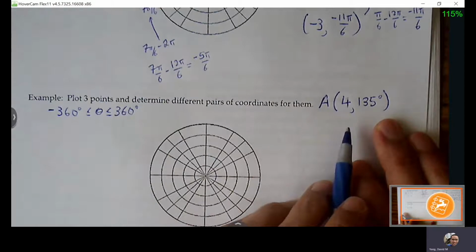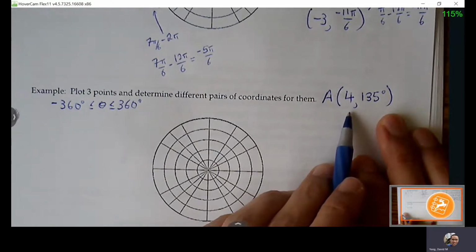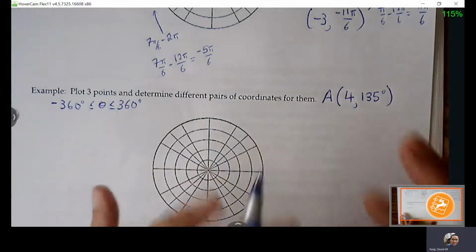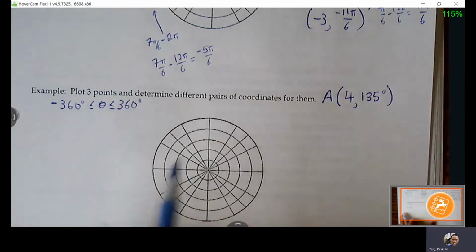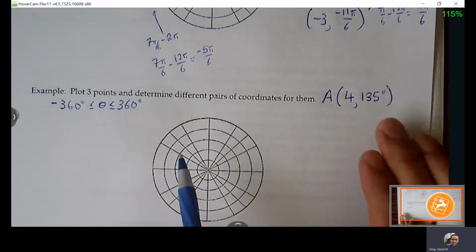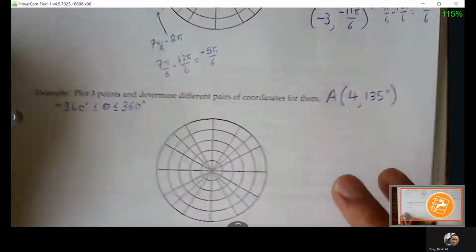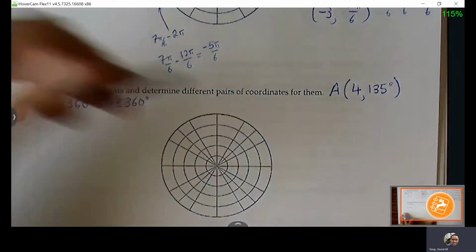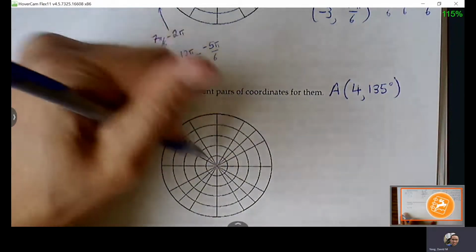So let's plot point A first, and then see if we can create 3 more different pairs of coordinates that also locate the same point. Okay, so 135.